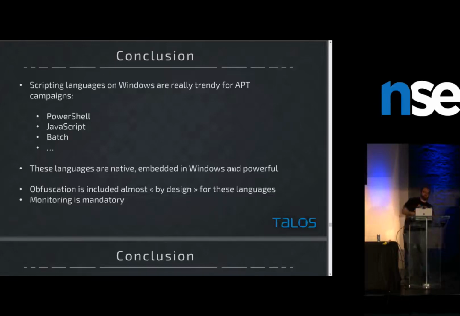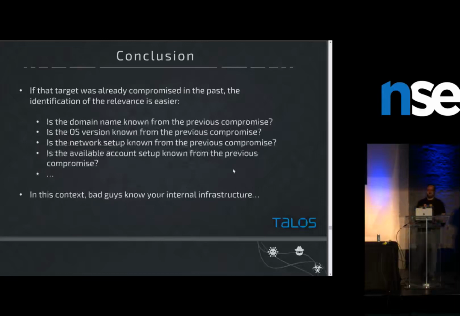And sometimes obfuscation is there by default. If you look at PowerShell, sometimes it looks obfuscated by design. So take time to read it. It's exactly what I said just before. The bad guys sometimes know your infrastructure better than you, so it's easy for them to check, I think.